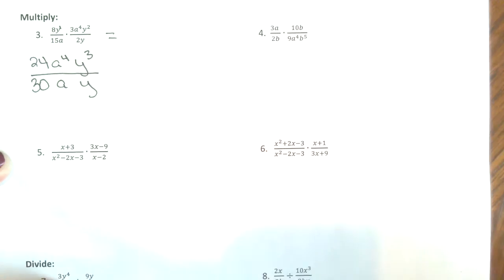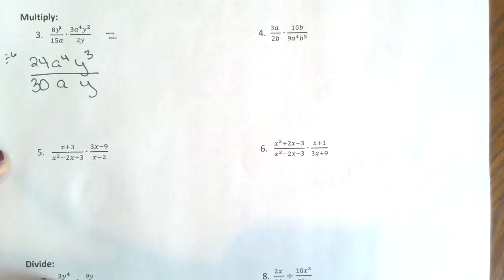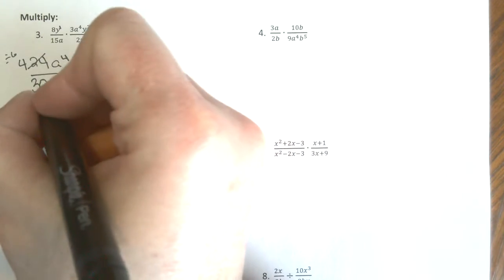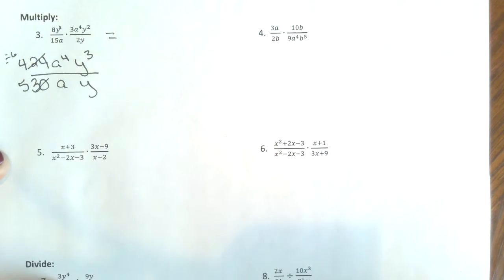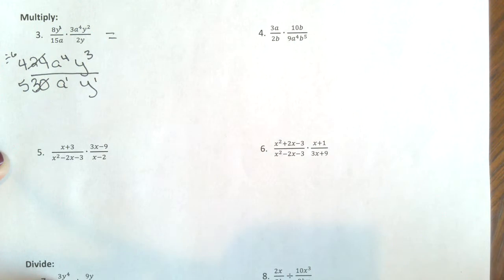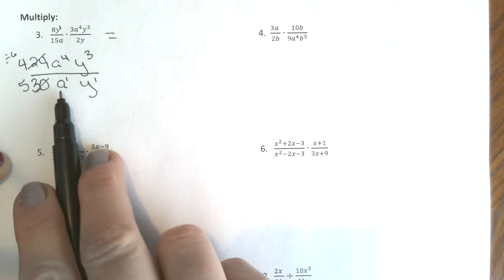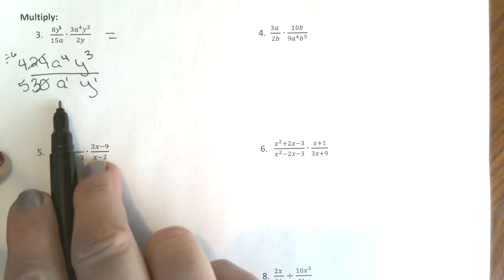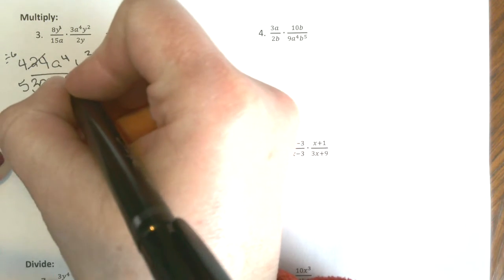All right, so what is the biggest number that divides into 24 and 30? And I'm going to go with 6. So 24 divided by 6 is 4, and 30 divided by 6 is 5. This a and that y, they have an invisible 1. And when you divide variables, you subtract exponents.